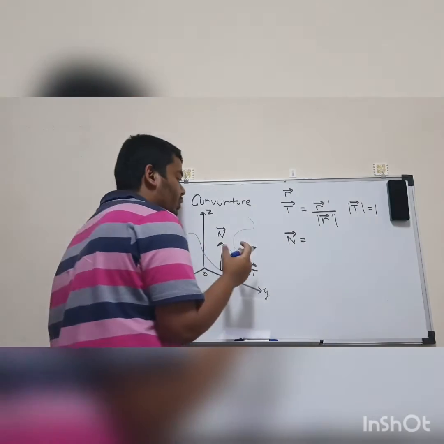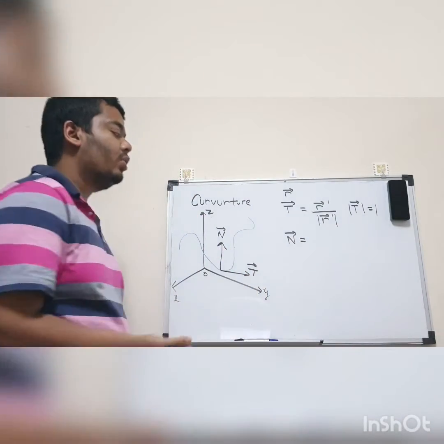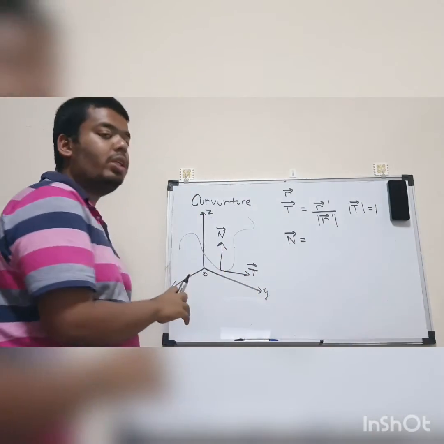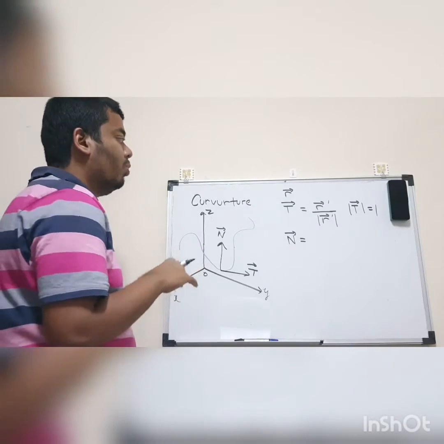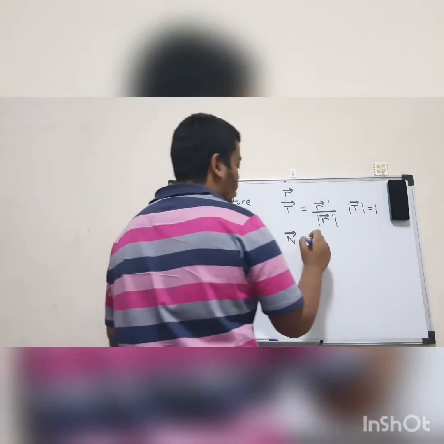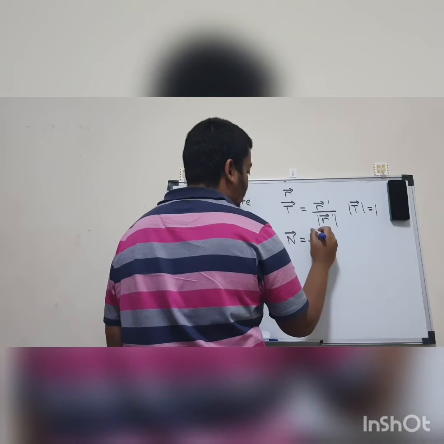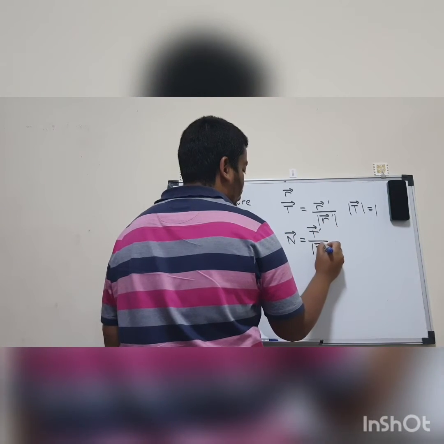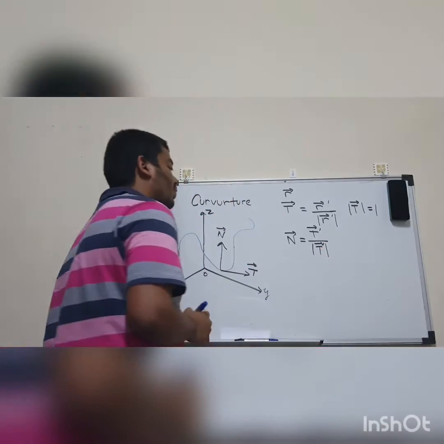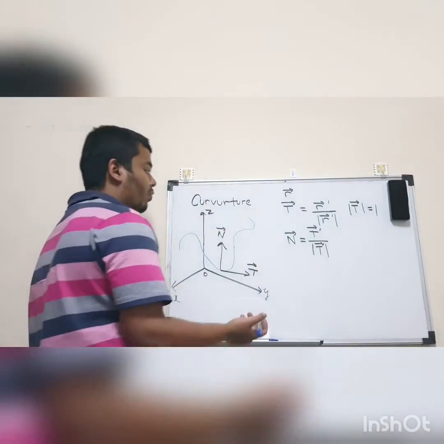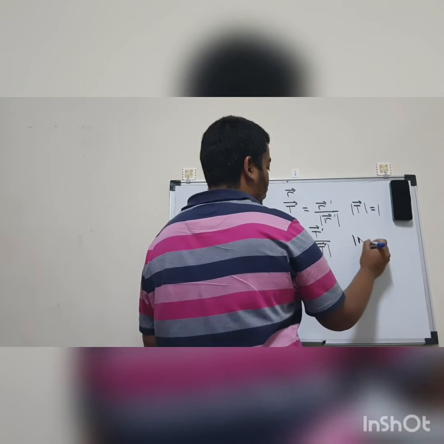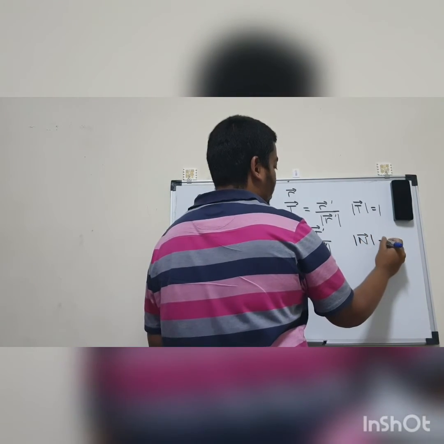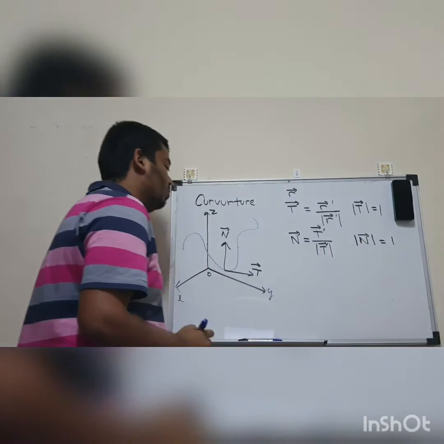The next video will help you understand how we put all these formulas into an application. So the normal vector will be given by the derivative of the unit tangent vector over the magnitude of the derivative of the unit tangent vector. And obviously, the normal vector has a magnitude of 1 because it's a unit vector.